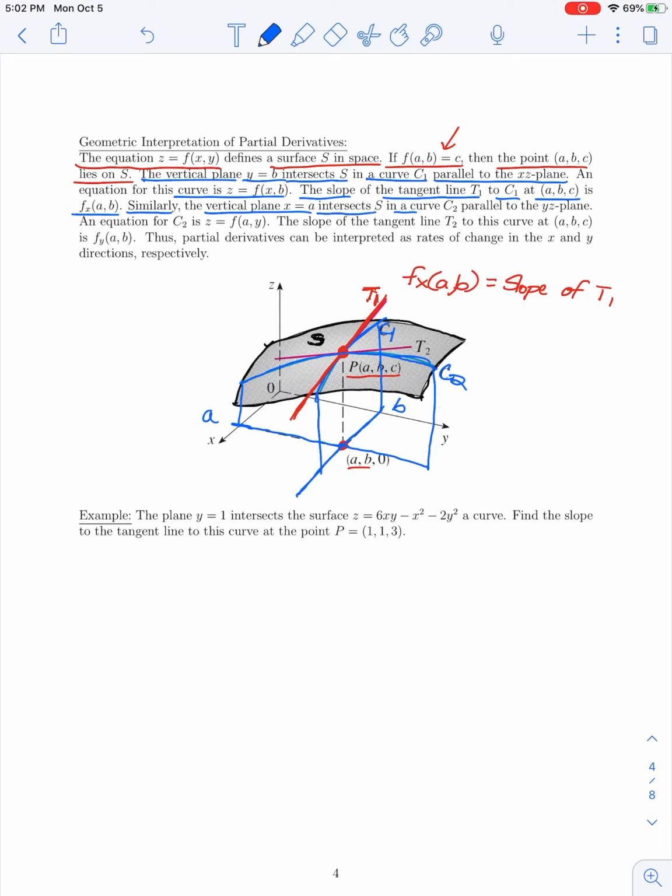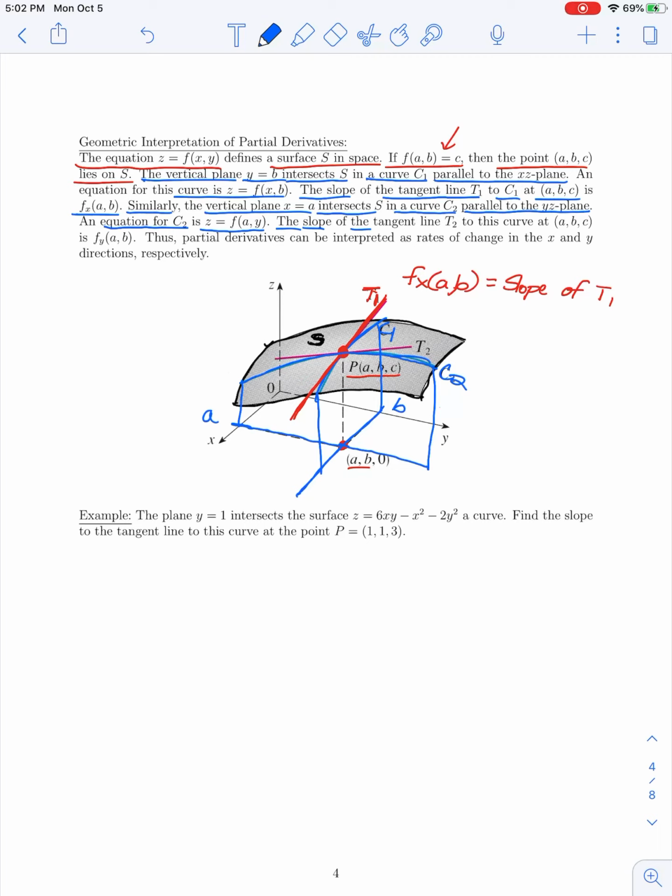So that plane intersects S in a curve C2, which is parallel to the YZ plane. And an equation for that curve C2 is given by z equals f of a, y, where a is a constant.